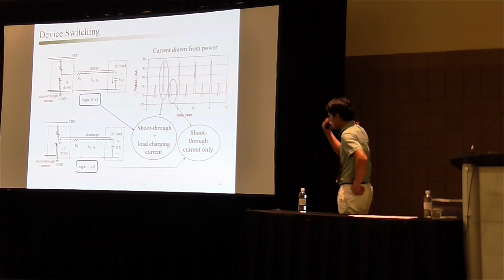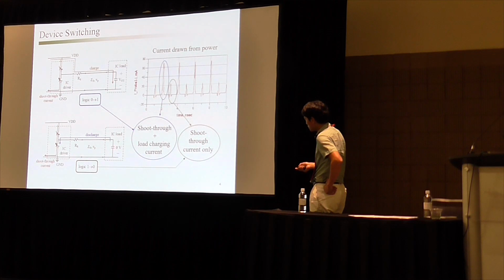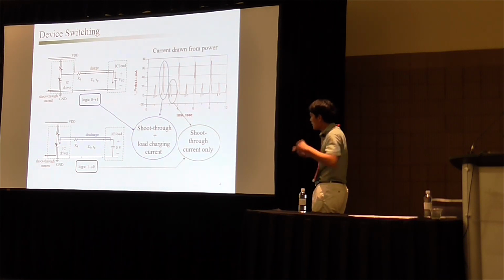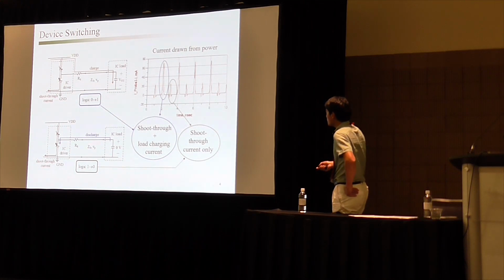When the logic changes from 1 to 0, the charge stored in the load will be discharged through the NMOS, the pull-down network. At the same time, there will be a moment when both the PMOS and NMOS are on, so there will be a shoot-through current again. In this case, we also have a small triangular-shaped current.